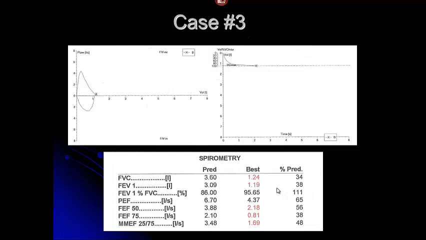Now let's talk about this one. You have FVC severely decreased, 34. So inspiration is low. Expiration in the first second is also severely low. But when you do a ratio, it's completely normal. Why? Because whatever you took in, you put out.